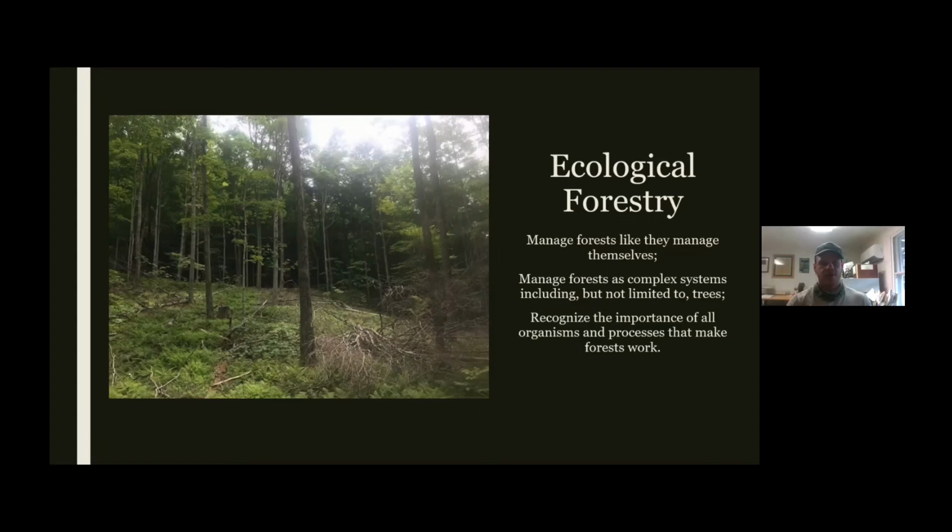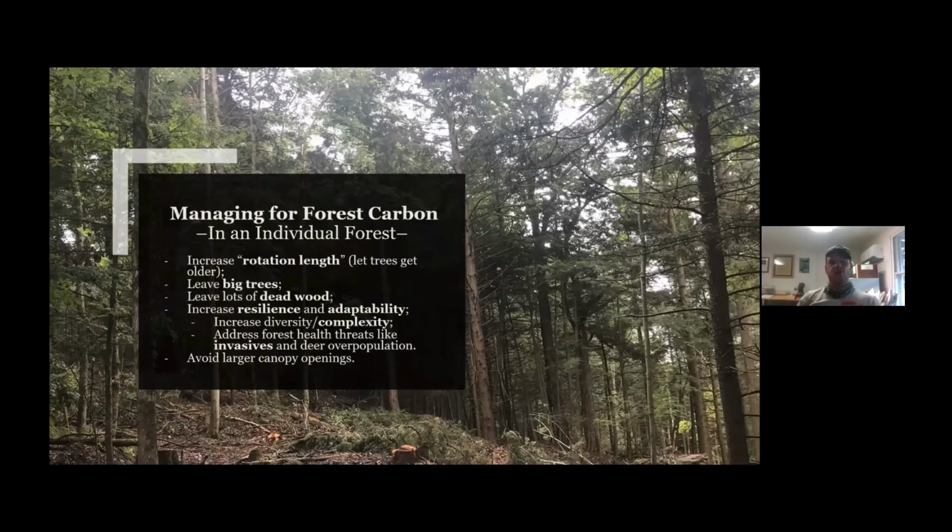So how can we manage for forest carbon in an individual forest? We can do a bunch of different things. One thing is increasing rotation age, so letting trees get older. Leaving big trees. In the work that I do, I leave lots of what I call biological legacy trees, or legacy trees, which are trees that are being managed not for timber, that are allowed to become big and old and confer to the forest the many ecological benefits of being big trees, and eventually to be big dead trees.